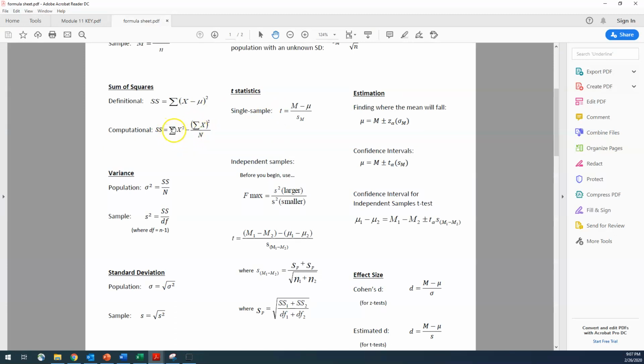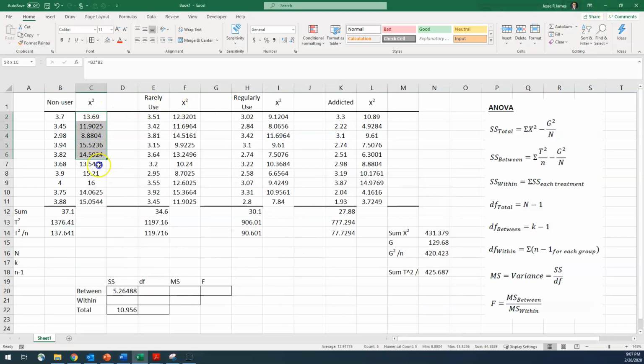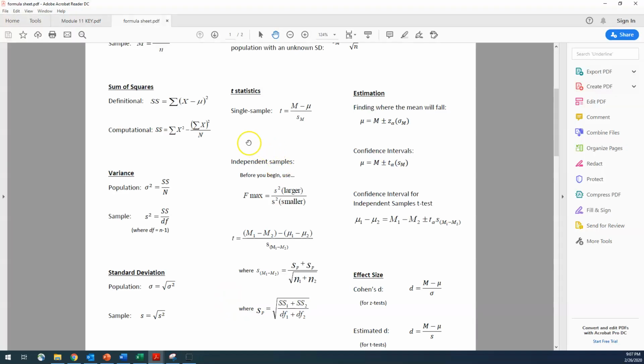Now all we have to do is take the sum of all the x squareds. We've already squared each x, so all I have to do is sum those up. The sum of all those x squareds is 138. And then, to figure out what is the sum of squares for this group, I just take, as the formula says, the sum of x squared, which we just did, minus the sum of x squared over n, which we did before.